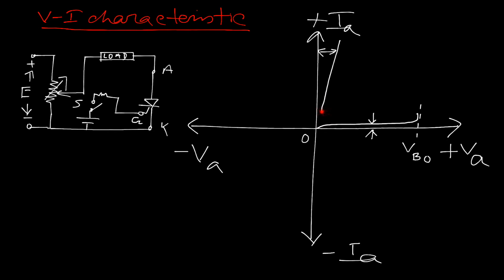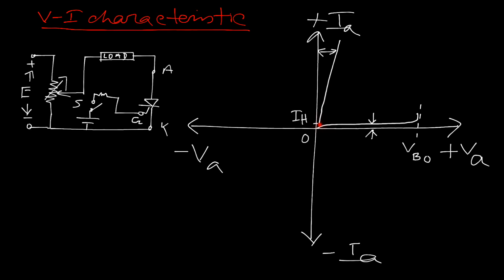It can be turned off if we reduce the current again to a particular value, up to this point, which is called IH, the holding current. When the anode current of the device falls to the holding current and below, the switch will be in the off state.